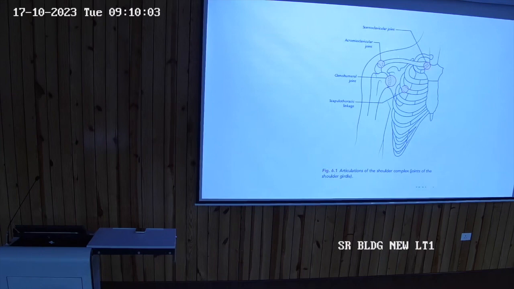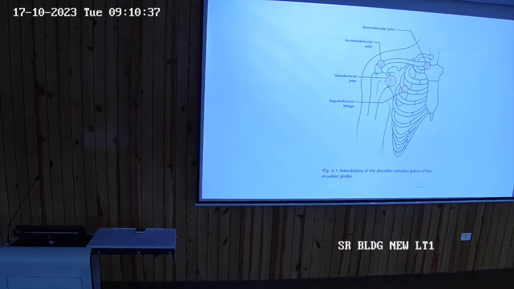And look here, what is this? Thoracic cage. The scapula is also linked with the thoracic cage. Okay, so this is named as scapulothoracic linkage. The purpose of showing this diagram is to make clear what is the sternoclavicular joint, what is the acromioclavicular joint, and what is the glenohumeral joint.